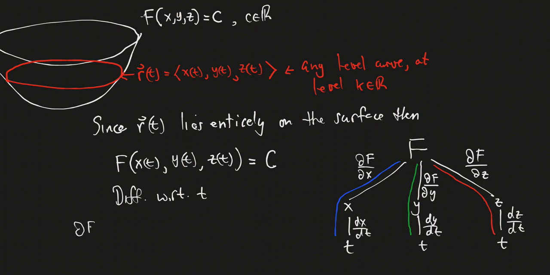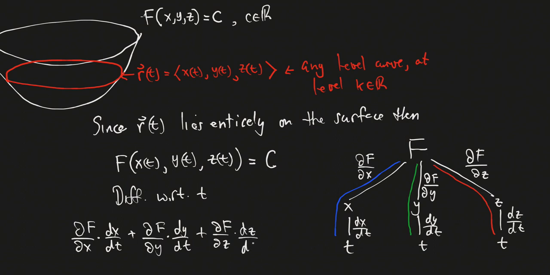So I have dF/dx times dx/dt, and then plus dF/dy times dy/dt, and then finally plus dF/dz times dz/dt. So that's what the left-hand side looks like when I differentiate it.